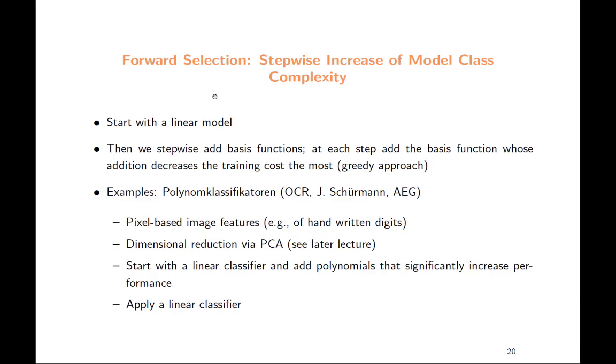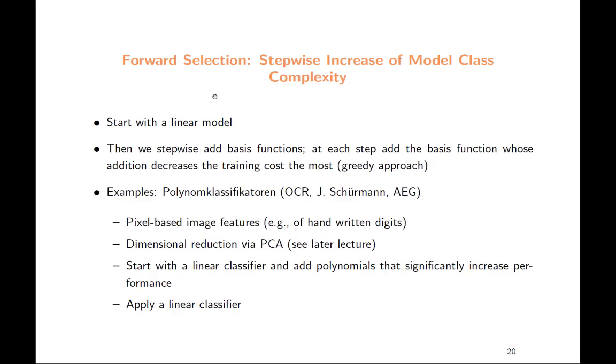So start with pixel-based image features, these handwritten digits. Then you do a dimensionality reduction via principal component analysis, which we'll cover later. And then you add a linear classifier. You start with a linear classifier and add polynomials that significantly increase performance.